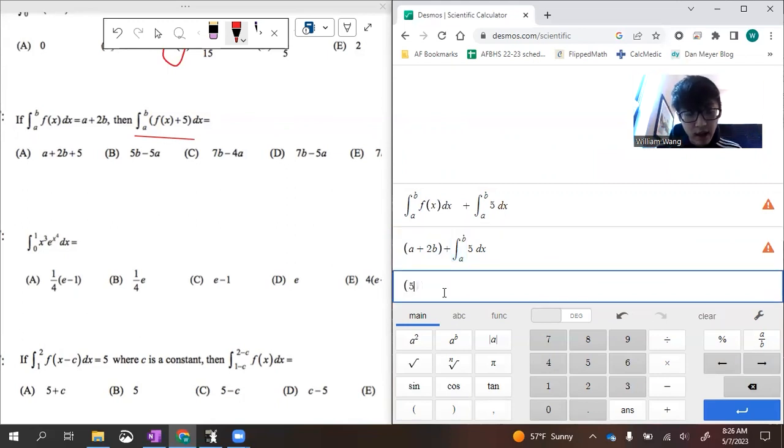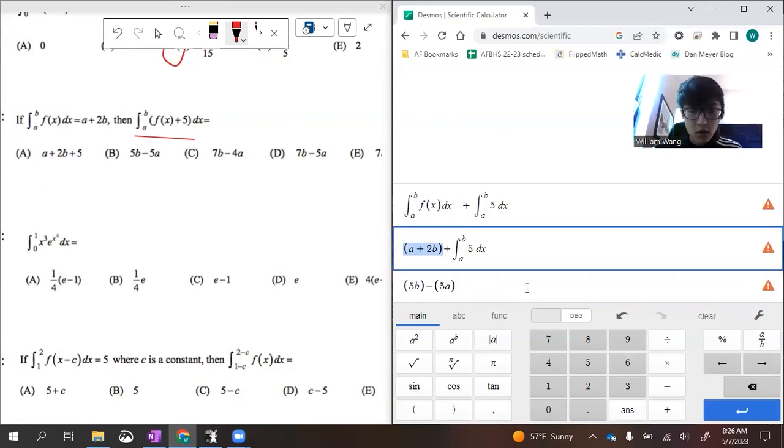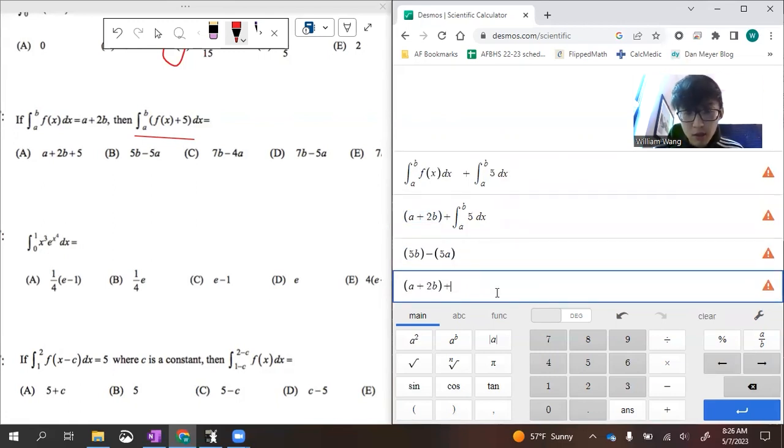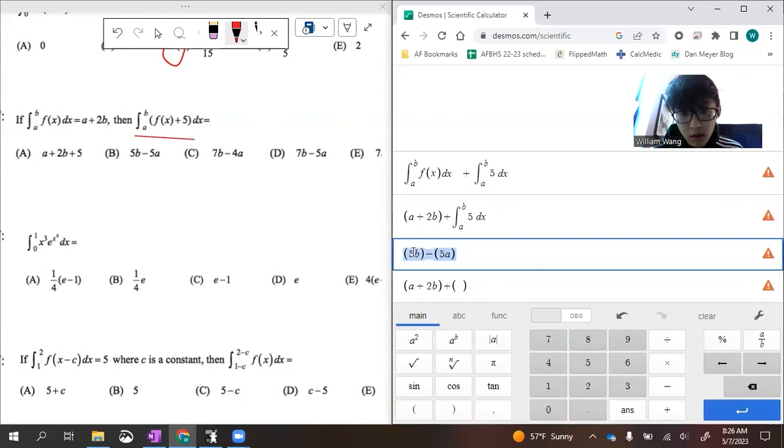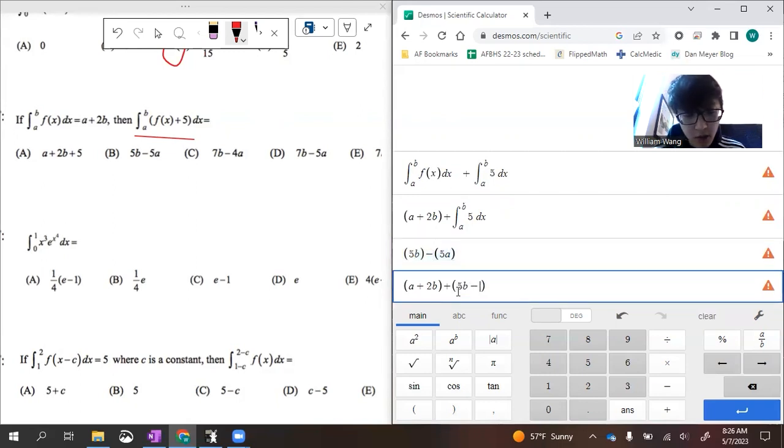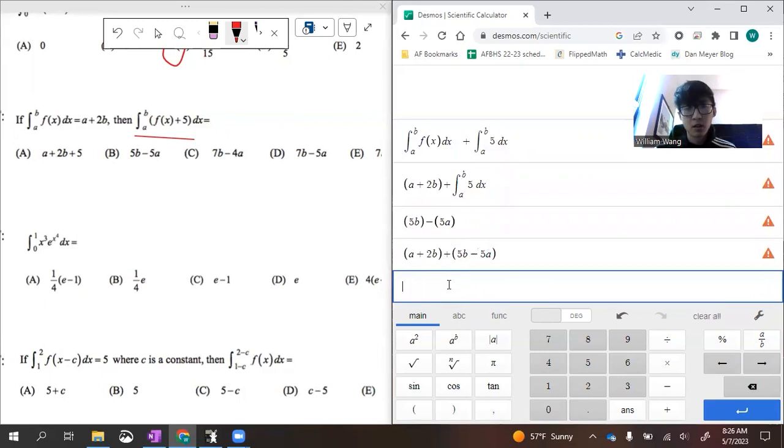So it's 5x, but I plug in b, then I subtract and do the same thing and plug in a. So it's a plus 2b plus 5b minus 5a. All right, so it turns into 7b minus 4a. Answer choice is C.